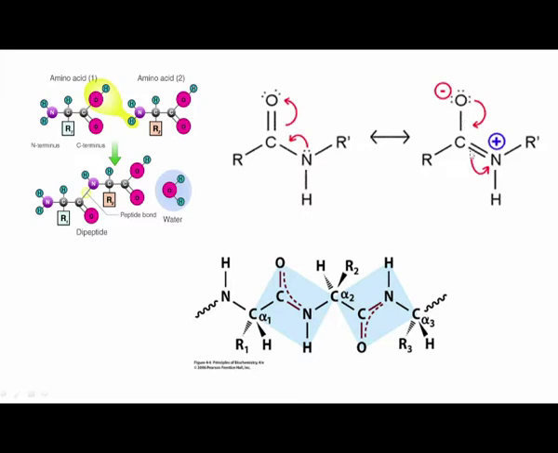So, there is a continuous shifting of this partial double bond character between the O and the N, which results in the formation of what we call a partial double bond character between C and N. If you just cut it across right here, then you have the C alpha, the C double bond O which is right here, CO, and then you have NH represented from here, but remember this NH is coming from the next amino acid.